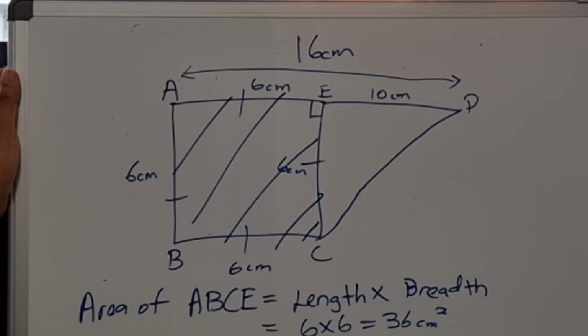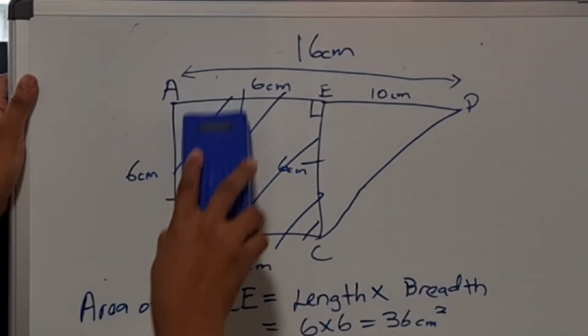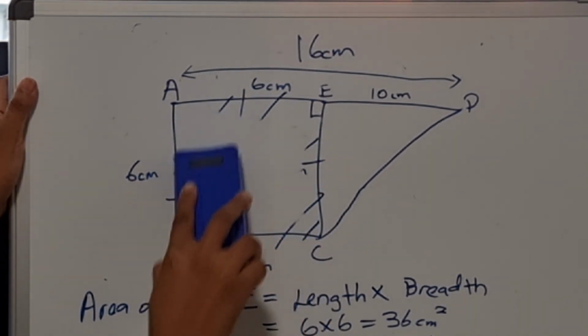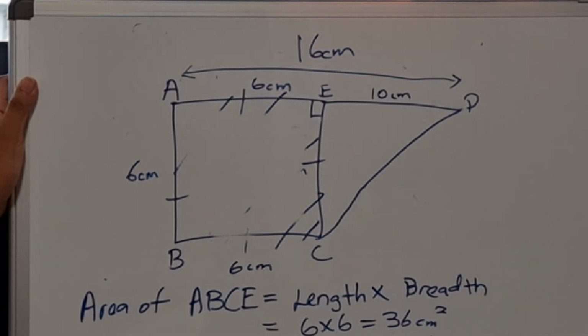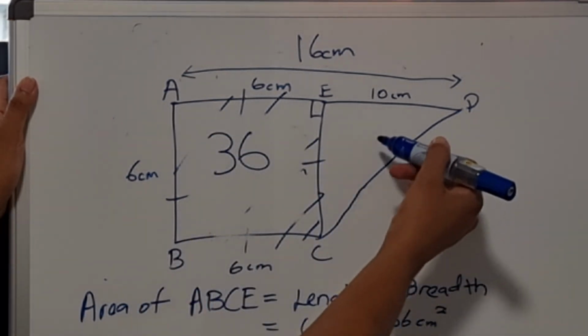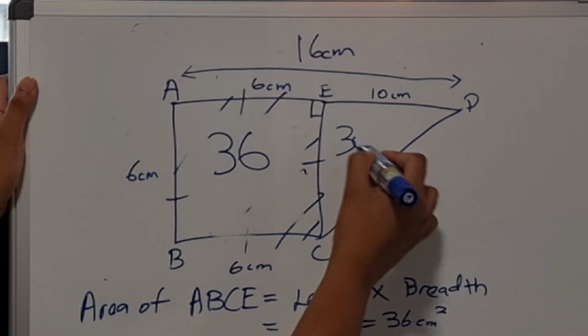So which will give you half times 10, 5. 5 times 6, 30. So the area of the square is 36. The area of this is 30.